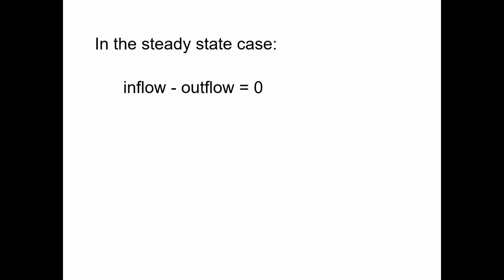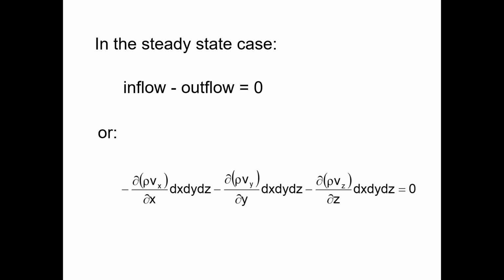So if we go back to the steady state case, we had inflow minus outflow equals 0. And at one point in our derivation, we had this equation. Minus the derivative of the mass flow rho Vx in the x direction times dx dy dz, minus the derivative of the mass flow in the y direction and the derivative of the mass flow in the z direction.